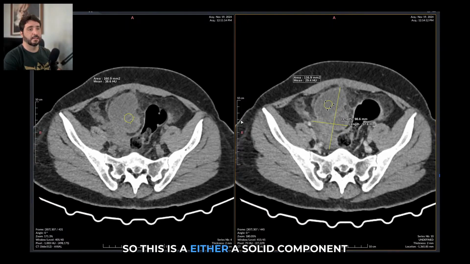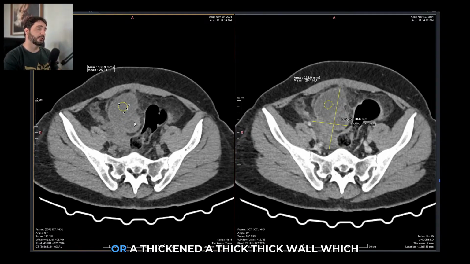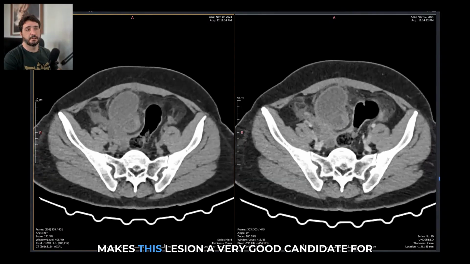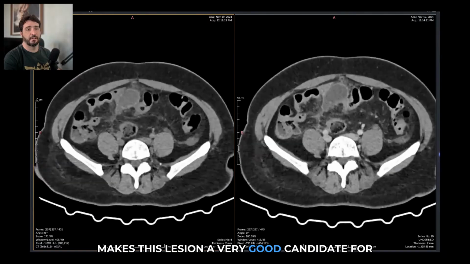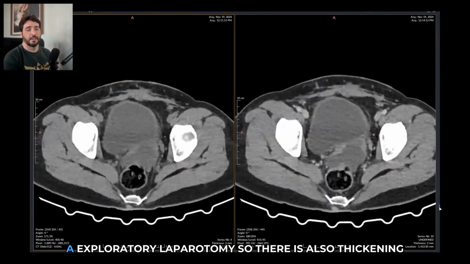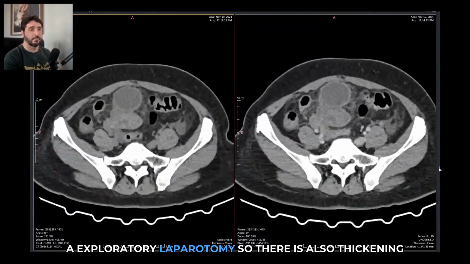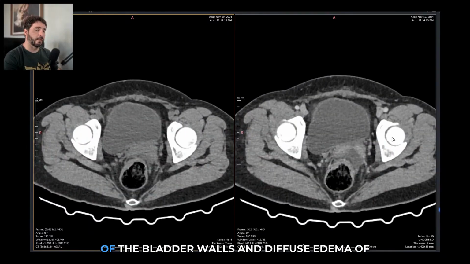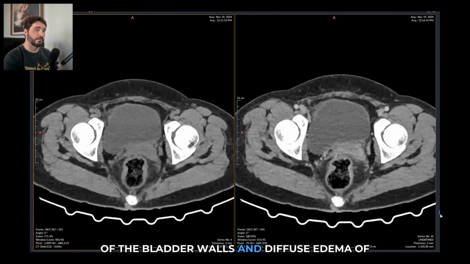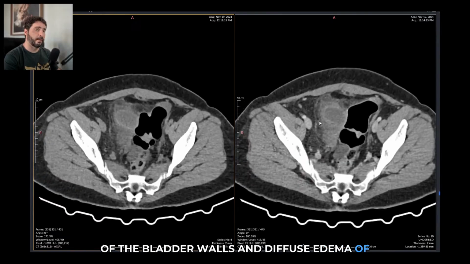So these are either a solid component or a thick wall, which makes this lesion a very good candidate for an exploratory laparotomy.